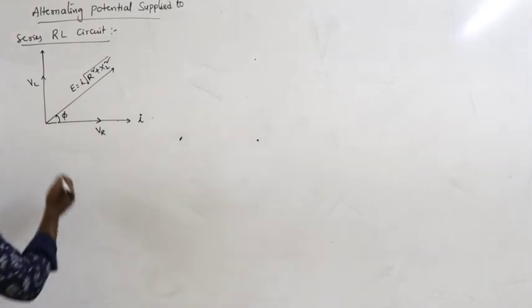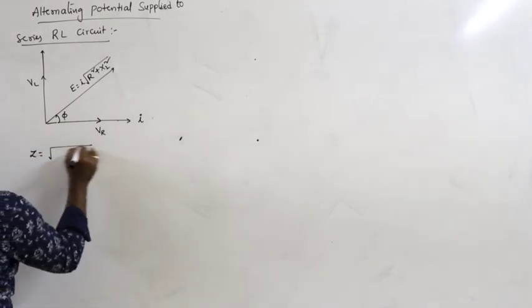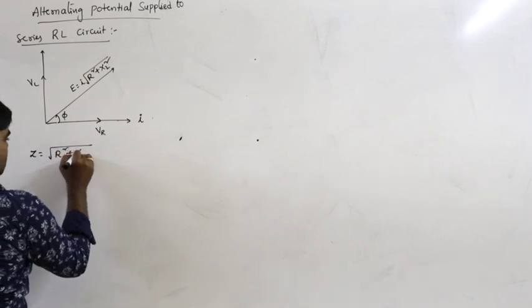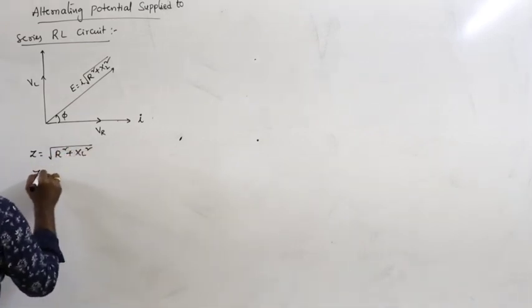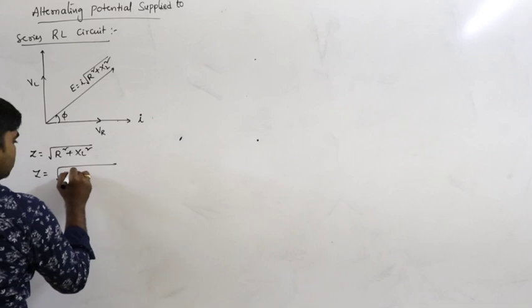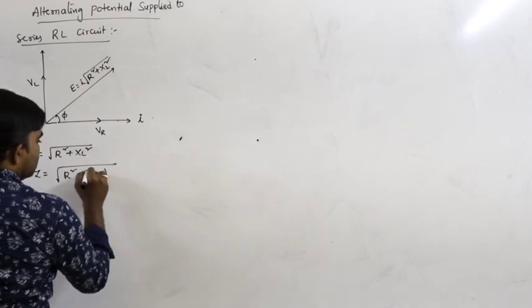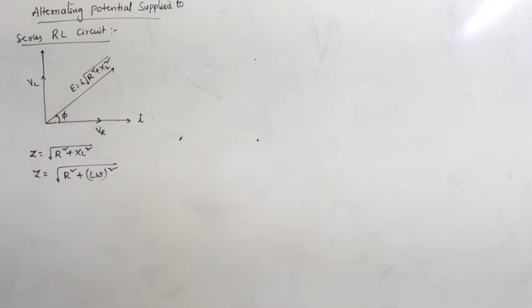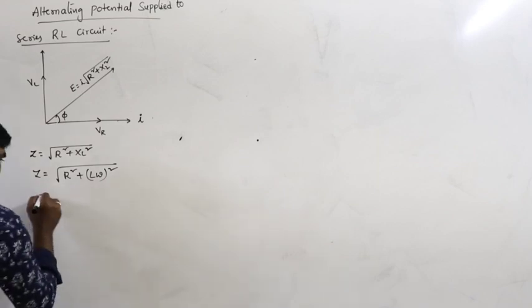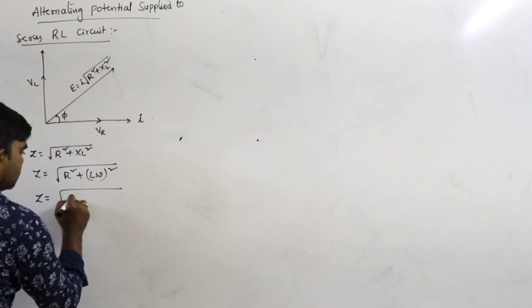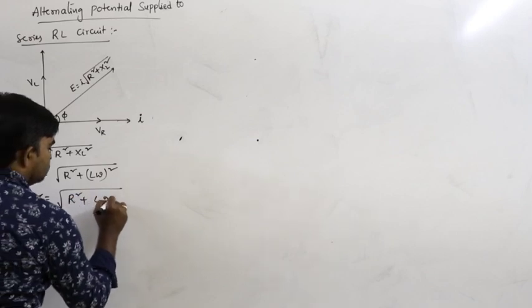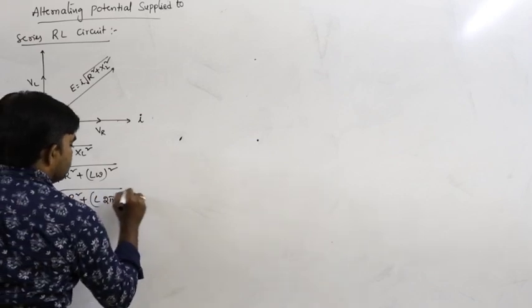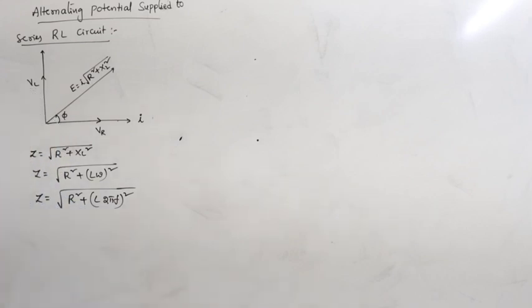Where Z is equal to under root R square plus XL square, and XL is L omega, so Z is equal to under root R square plus L into 2 pi f whole square.